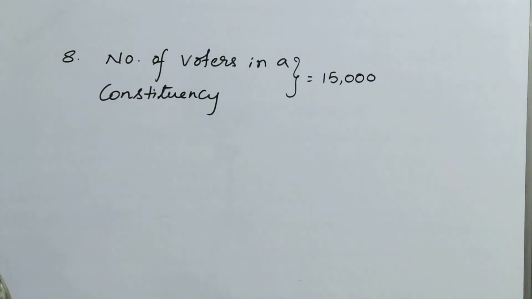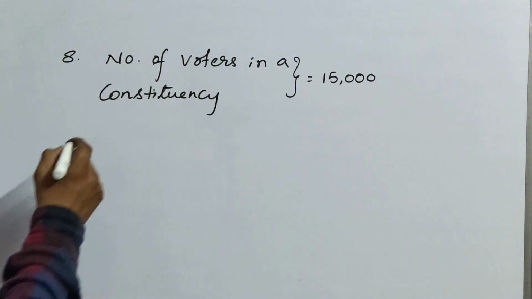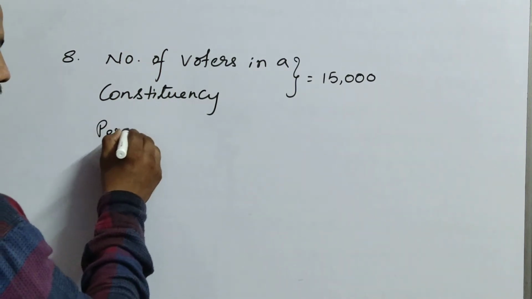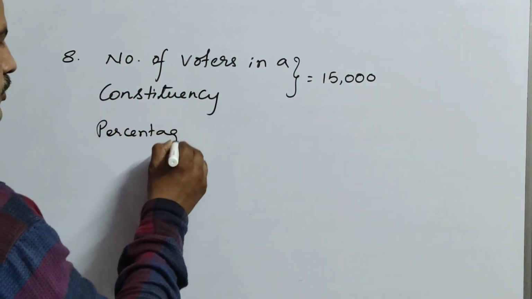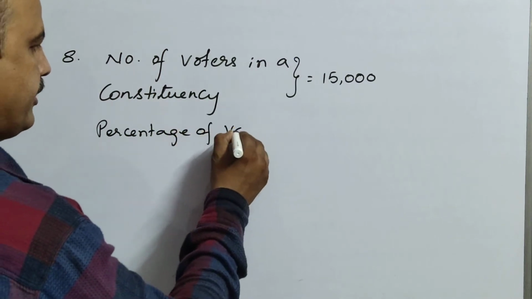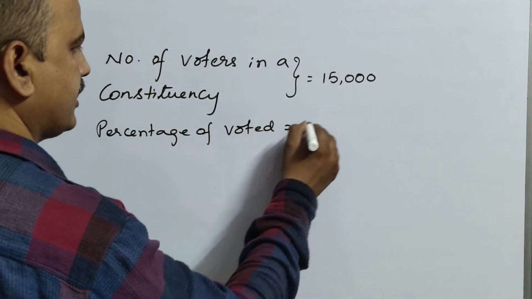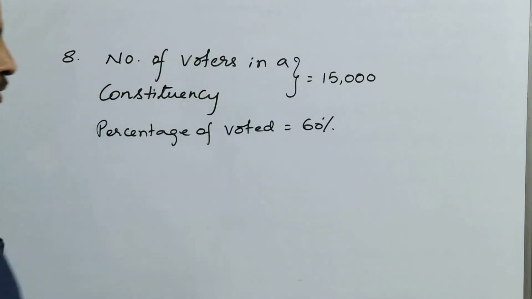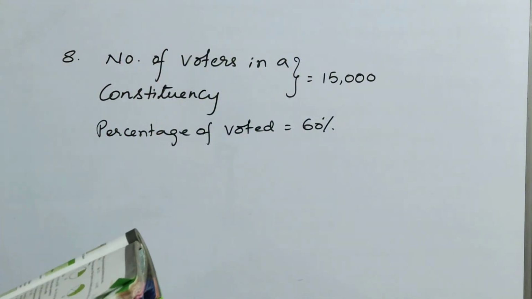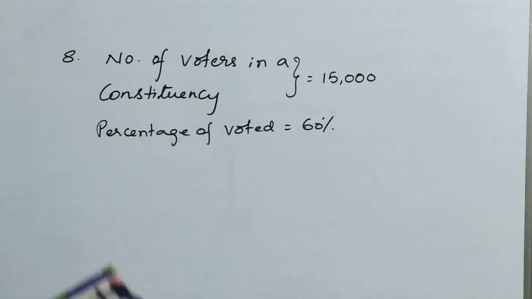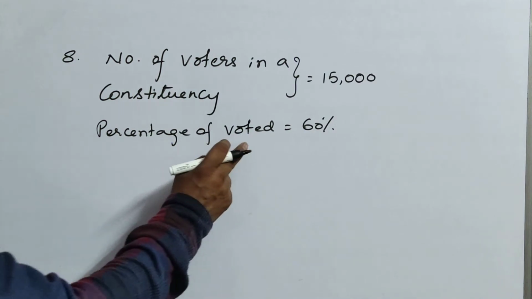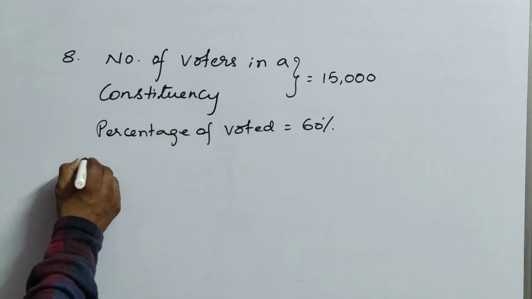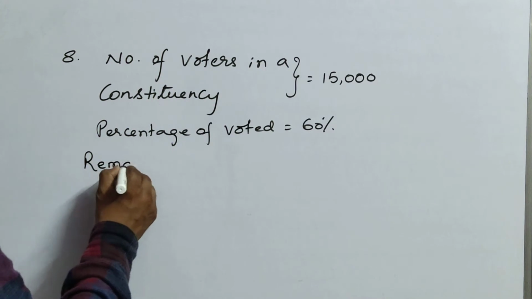Next, 60% voted. Percentage of voted is 60%. Find the percentage of the voters who did not vote. That means the remaining.